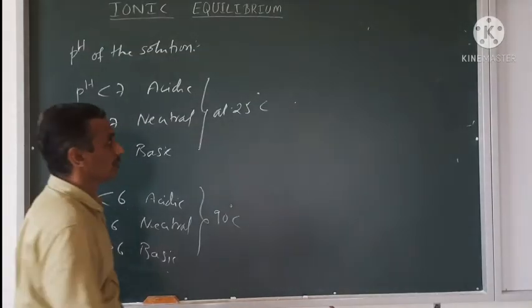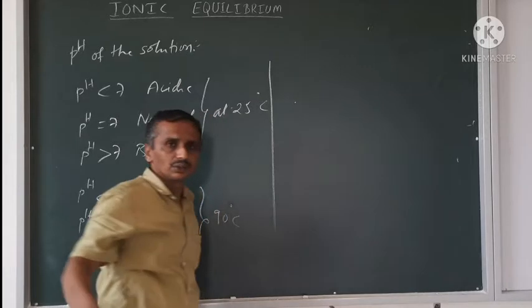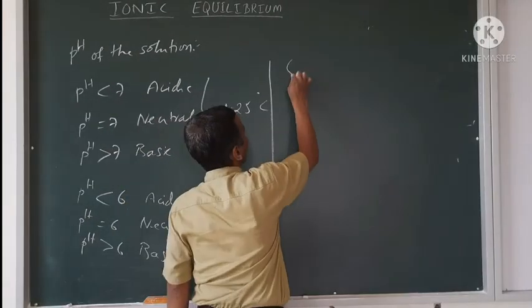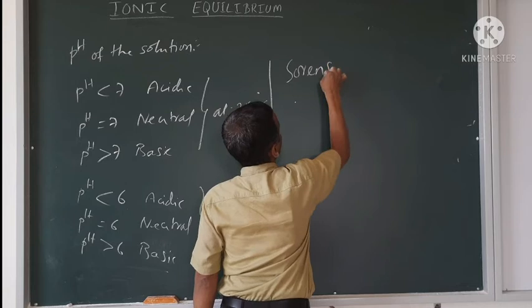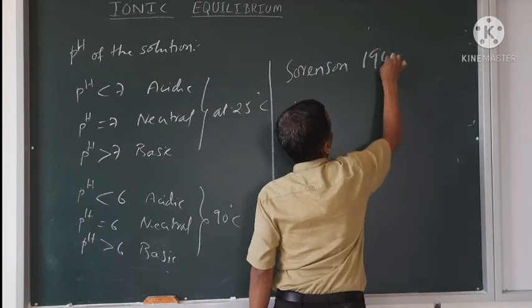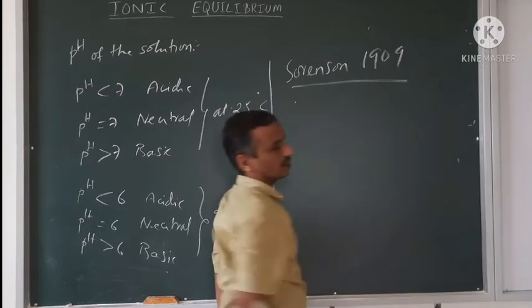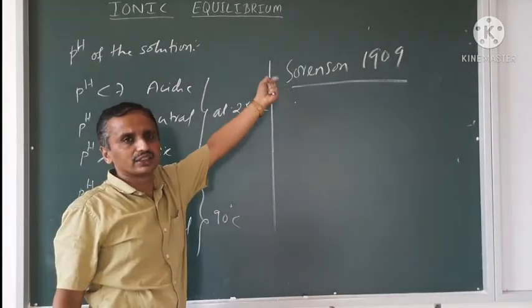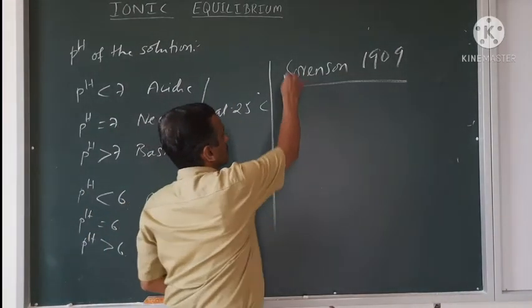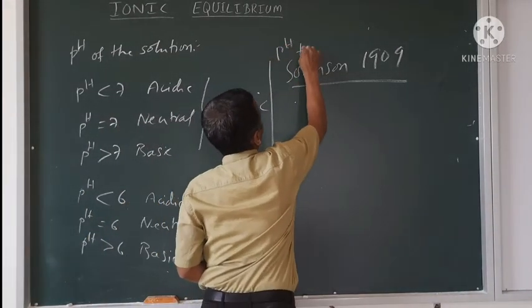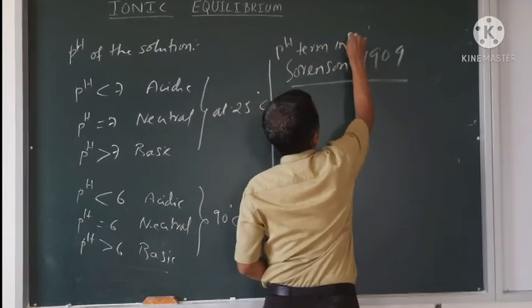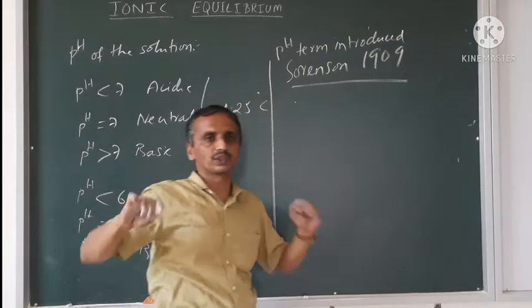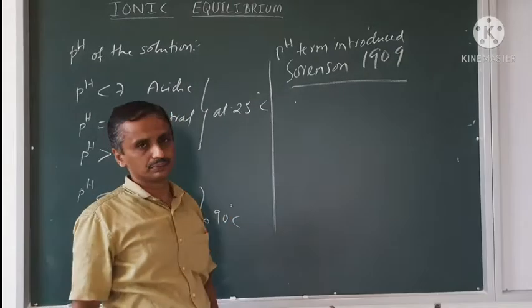Now, this pH term was given by a scientist called Sorensen in 1909. Note this scientist's name also. The pH concept was introduced by Sorensen.